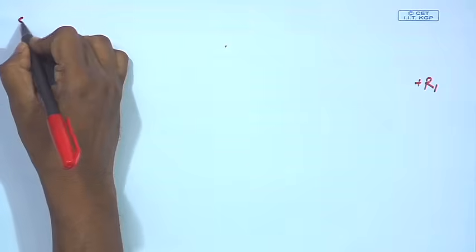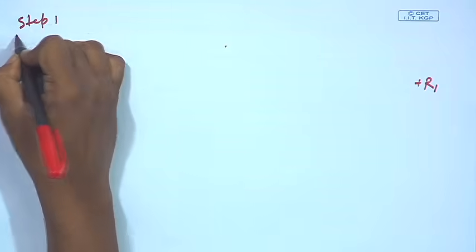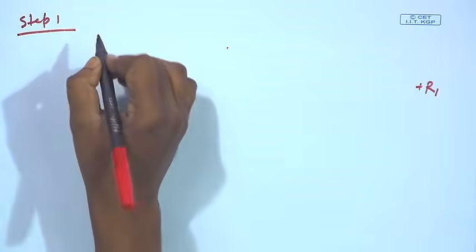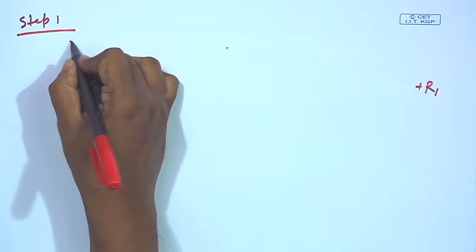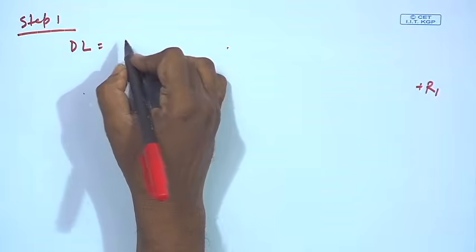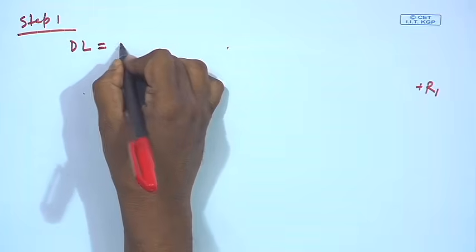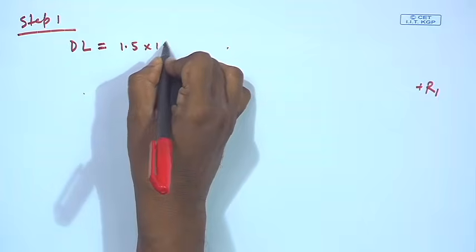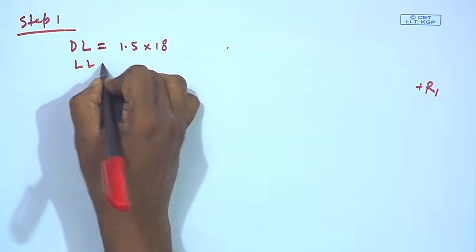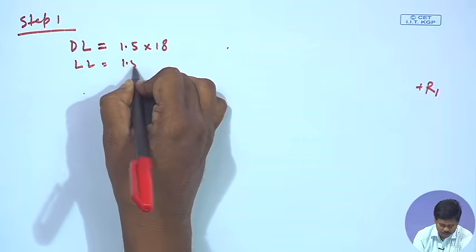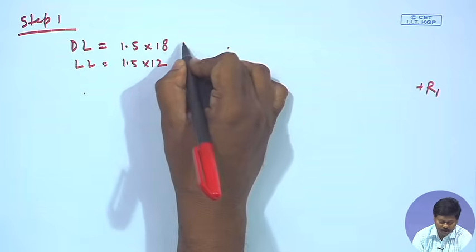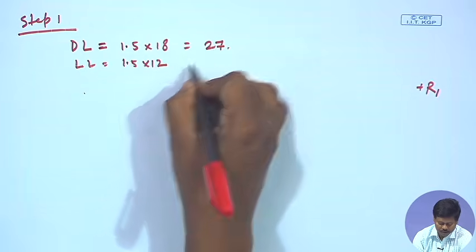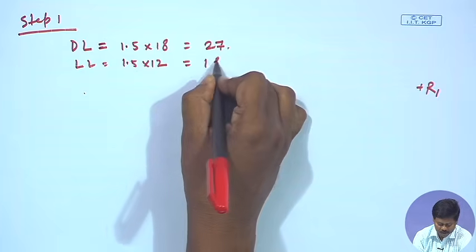So, let us come to step 1, in which we have told we have to find out the dead load with load factor. So, dead load 1.5 into 18 and live load also 1.5 into 12, which was given. So, this will be 27 kilonewton per meter and this will be 18 kilonewton per meter.